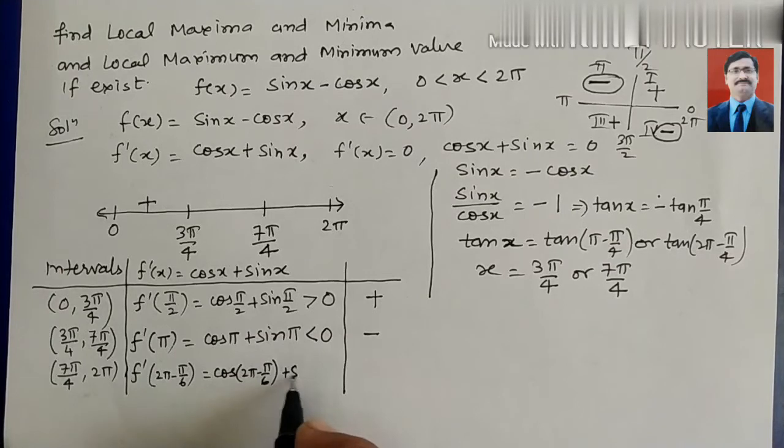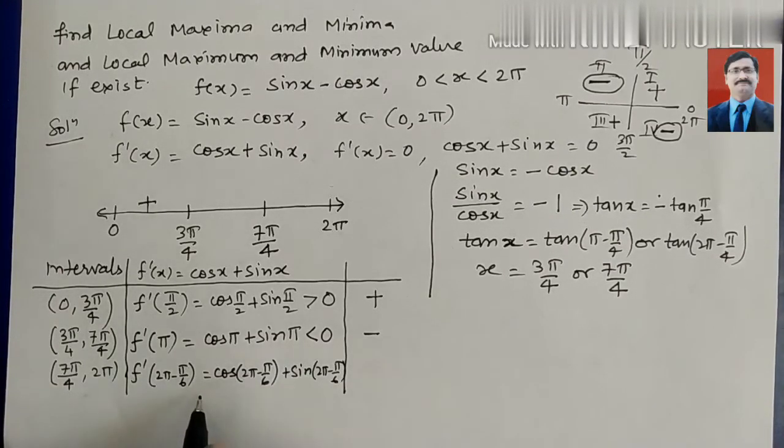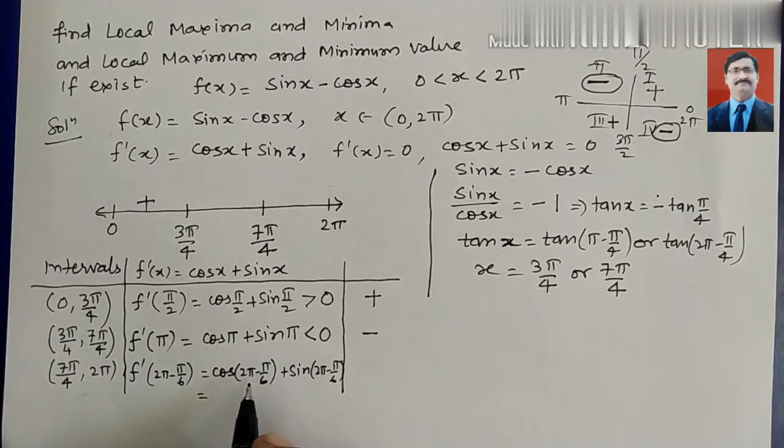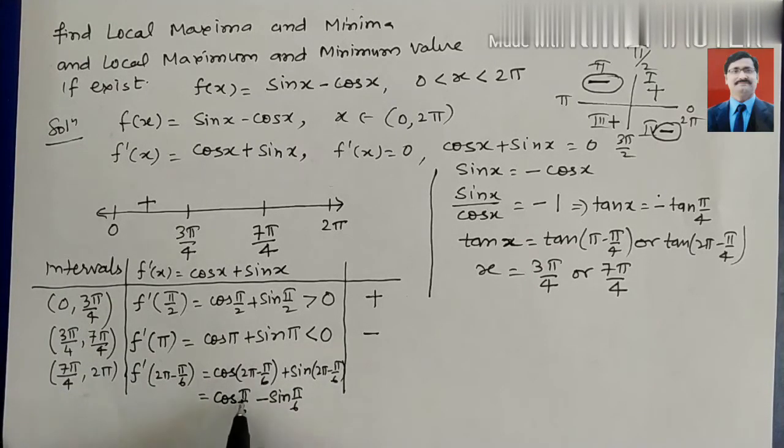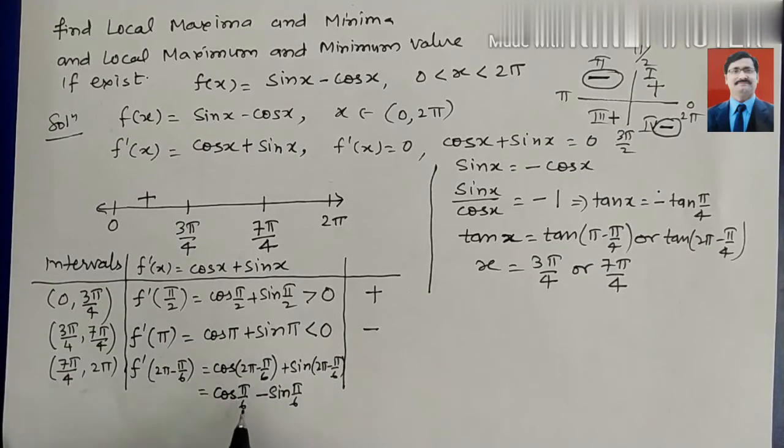In the fourth quadrant, cos is positive and sin is negative. Cos 30 degrees is root 3 by 2 and sin 30 is 1 upon 2, so this is greater than 0, which means plus.